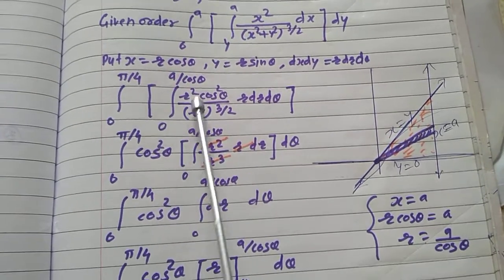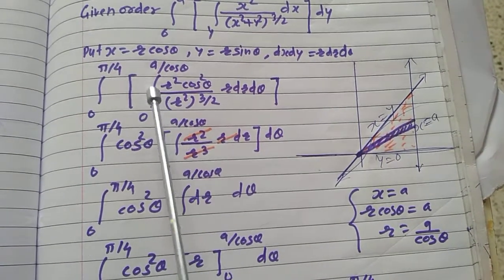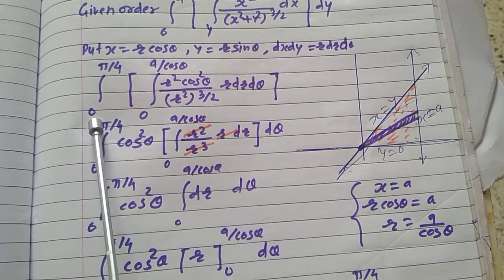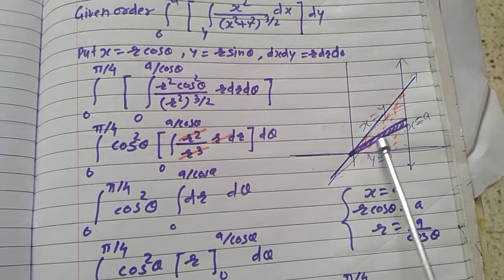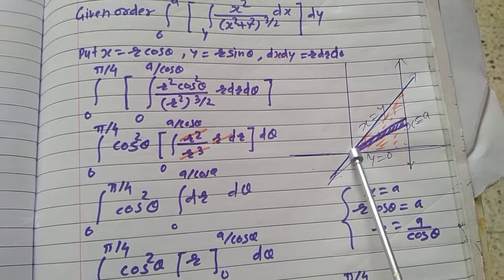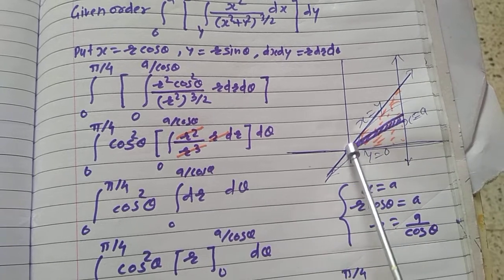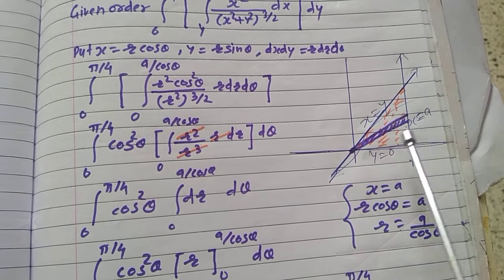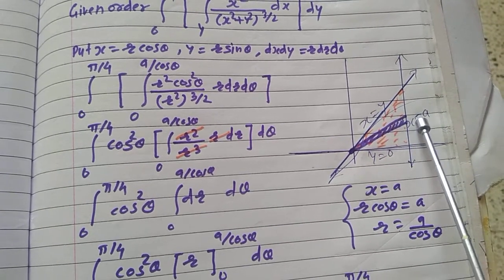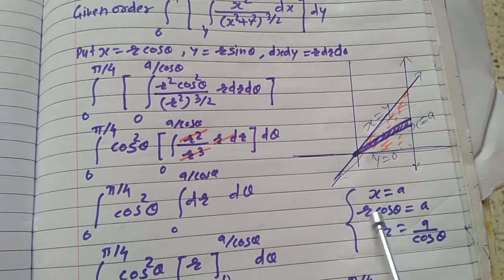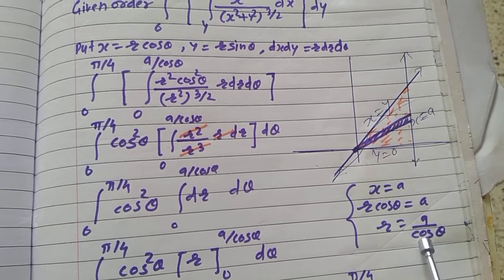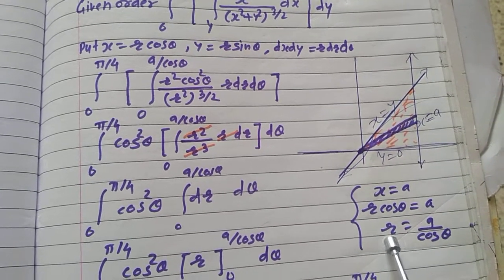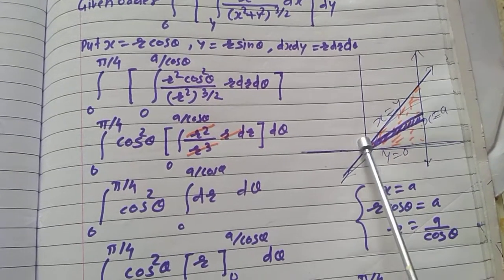Here the method is very specific. In the inner limit put only r, in the outer put only theta. Now draw a strip, like the hand of a clock. Here the value of r is 0, and it touches the line x is equal to a. Put x is equal to r cos theta, so r is equal to a by cos theta. So this is my upper limit: the line x is equal to a becomes, in terms of r, a by cos theta. And this is my lower limit.